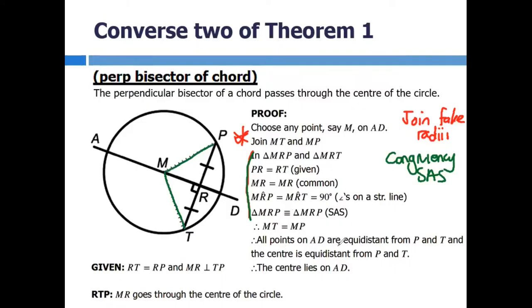But all points on AD are equidistant from P and T. And the center is equidistant from P and T. Therefore, the center lies on AD. Okay, so this is kind of like a conclusion, which probably is going to be difficult to remember. So your conclusion would possibly be the 3rd thing that you make sure you understand how to wrap it up. Okay, so that's the proof.